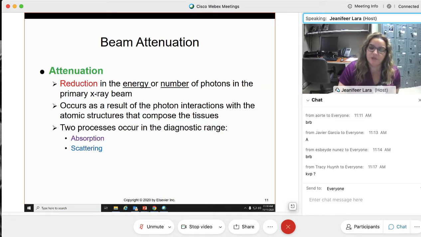But what is the definition of attenuation? It's the reduction in energy and number of photons in the primary X-ray beam. Attenuation reduces quality and quantity of the primary beam. I can say it so many different ways, but they all say the same thing.